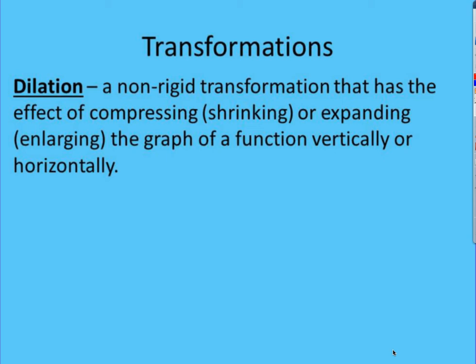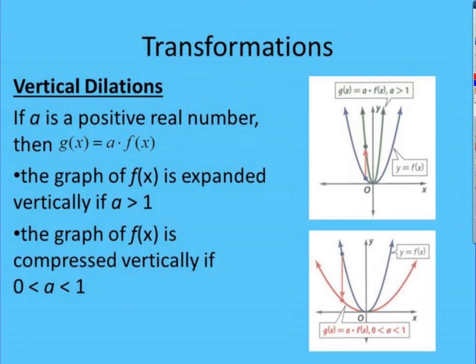A dilation is a non-rigid transformation that has the effects of compressing, which is shrinking, or expanding, which is enlarging, the graph of a function vertically or horizontally. We have a vertical dilation if you have a positive value a that you're multiplying by your entire function, so it's out in front of the parent function.